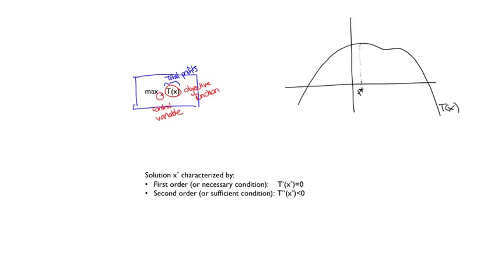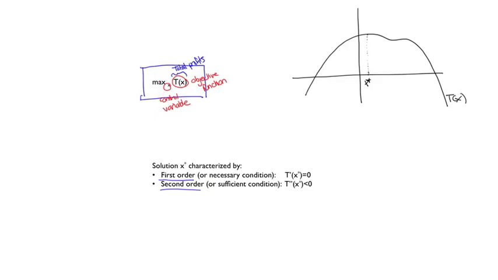Fortunately, there is a recipe that you learn in calculus that allows us to take the function t, apply some derivatives, and find the general value of x star that maximizes the function. The recipe is given by what are known as the first order or necessary conditions and second order or sufficient conditions. The first order conditions state that any point that is a local maximum must satisfy the condition that its derivative is equal to 0.